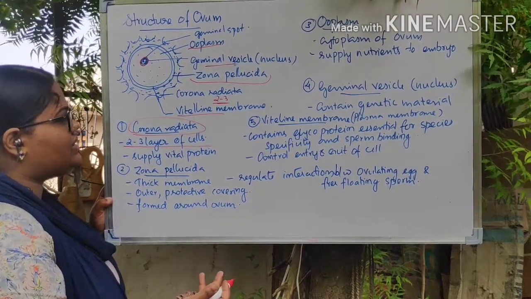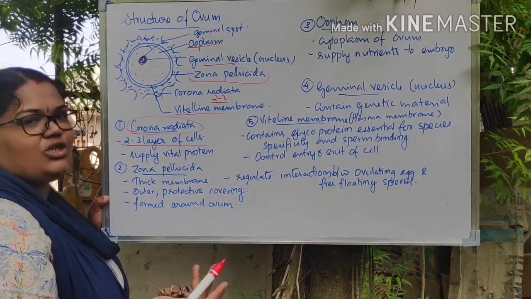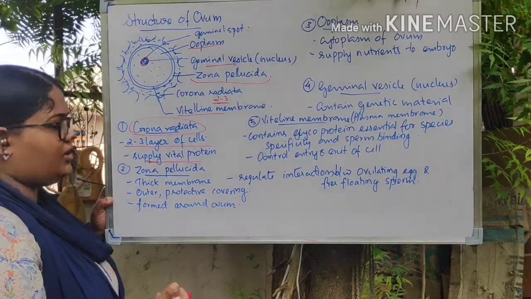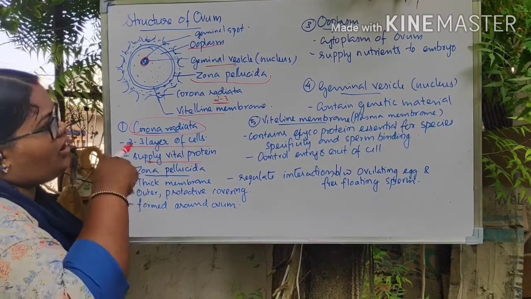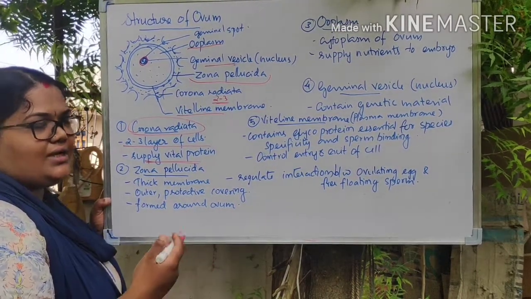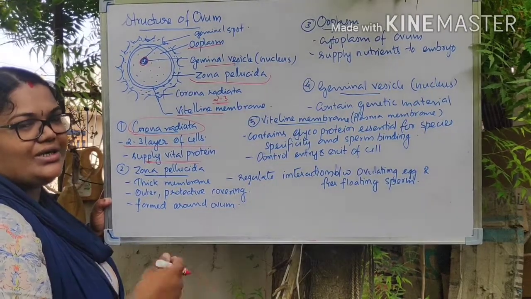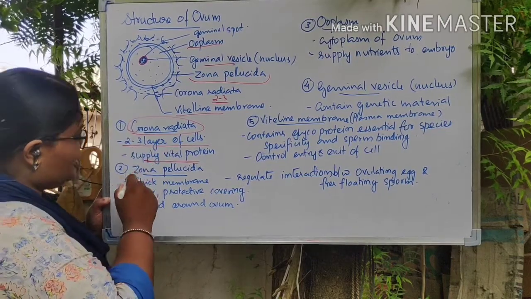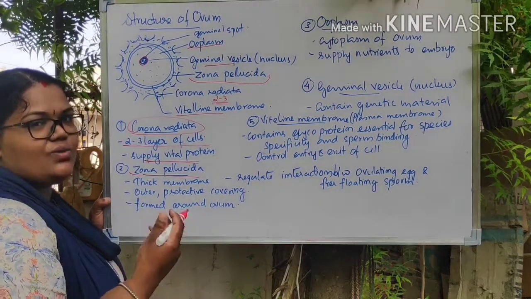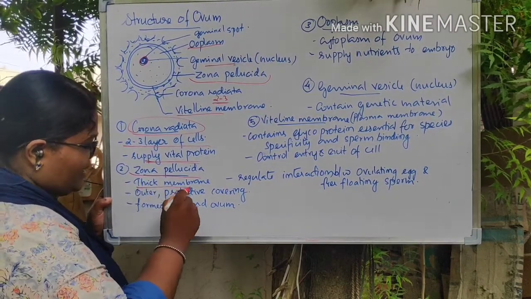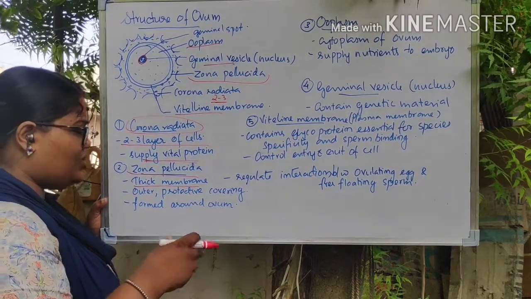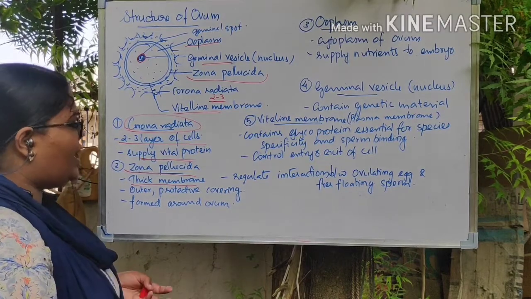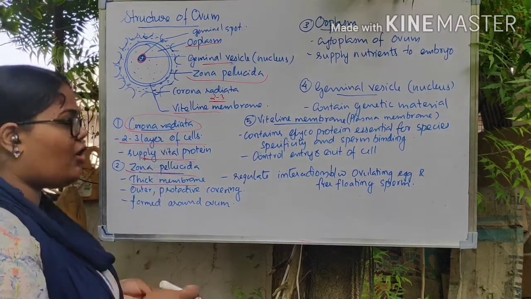What is the function of this corona radiata? It supplies proteins, nourishment, to the cells. The second layer is the zona pellucida, which is a very important layer. It is a very thick membrane and acts as an outer protective covering for the ovum, formed around the ovum itself.